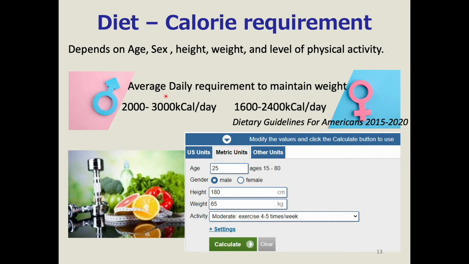For average people, the average daily requirement to maintain weight in males is around 2000 to 3000 kilocalories per day, and for females it's 1000 to 2400 kilocalories per day. When we have patients, we have to calculate the daily calorie intake of patients, and then advise them regarding the diet they need to follow to lose weight if they are obese or overweight.